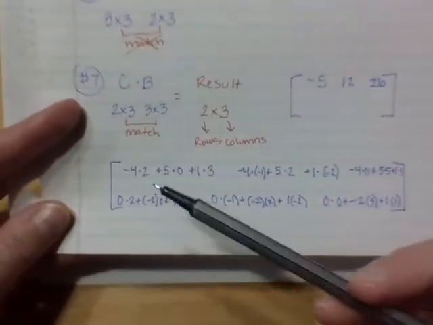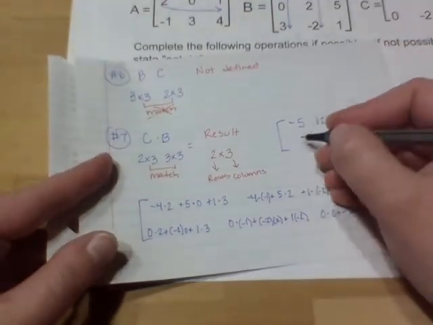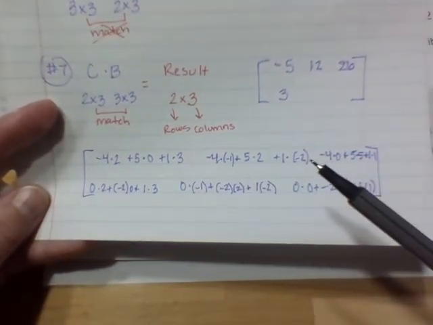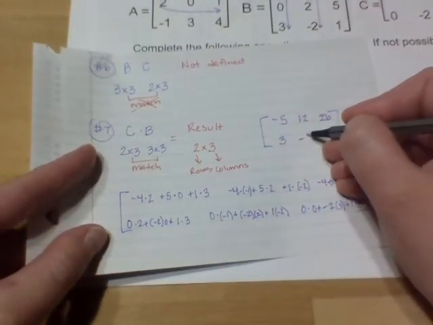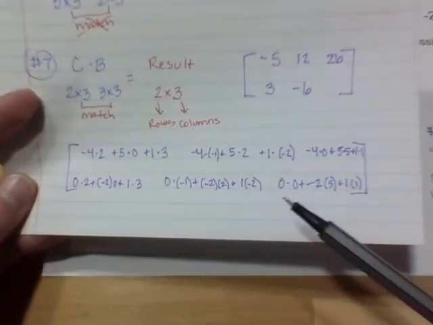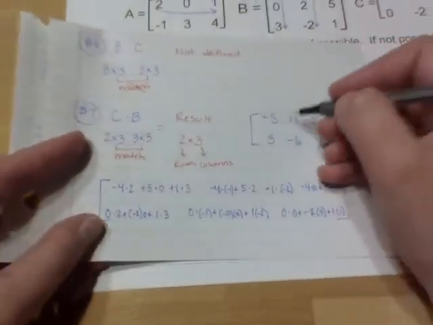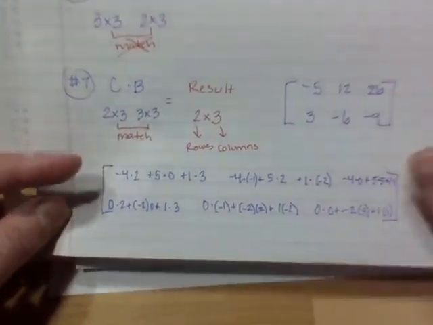The next piece here is 0 plus 0 plus 3, so 3. 0 minus 4 minus 2, so -6. And then 0 minus 10 plus 1, so -9. All right, so that is the result of C times B.